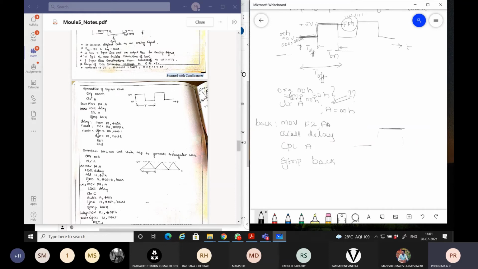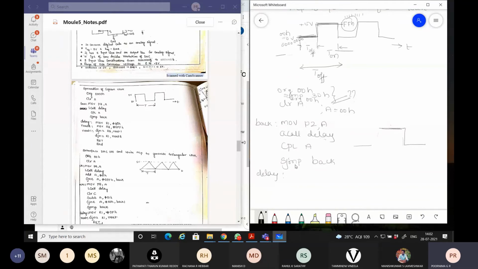So it will go back, it will push that content onto port 2 and it will wait until this delay program gets over, and then it will complement. If it is high, when complemented, it will go back to 0 value and this will be repeated.